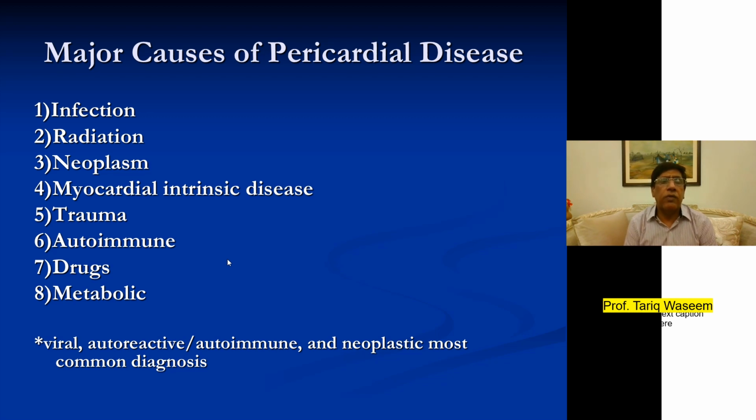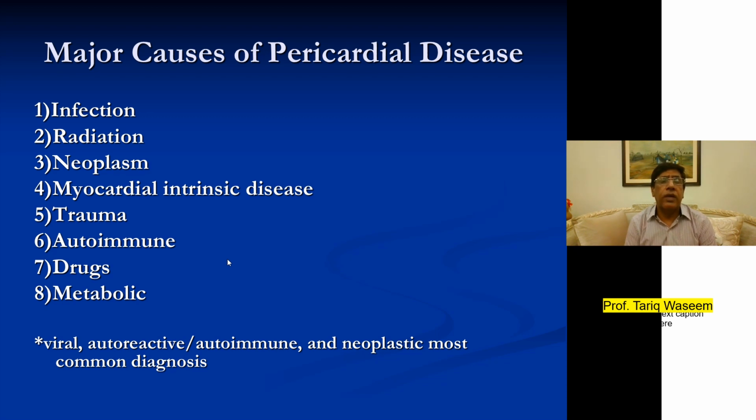Trauma can involve it. More commonly, we see autoimmune disorders like SLE or rheumatoid arthritis or other autoimmune disorders involving the different serosal cavities, including the pericardium. Some drugs can lead to initiation of an inflammatory response in the pericardial tissues.